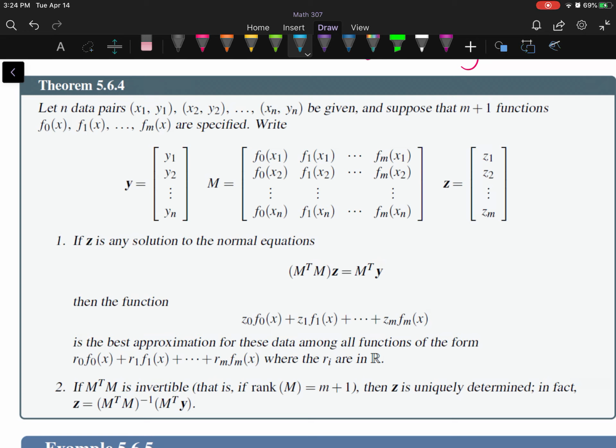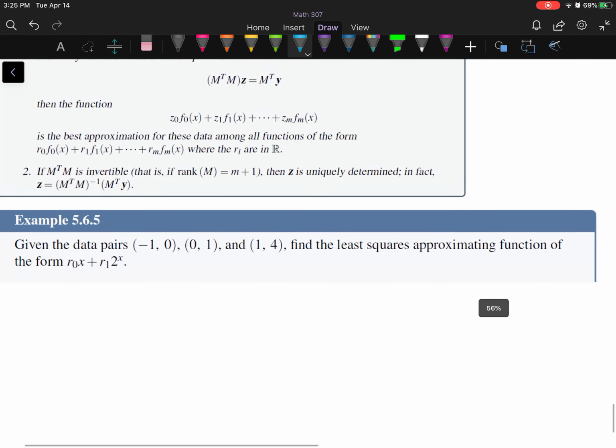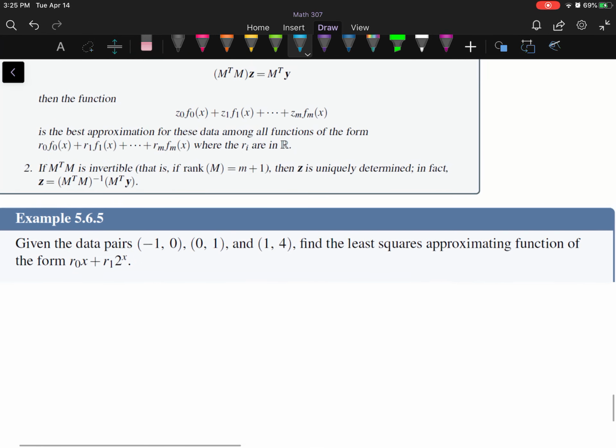The normal equations work out again to give you an optimal solution in this case. So, as an example, if we're given 3 points and we want to find an approximating function that includes, yes, a linear term, but also an exponential term, we could do that.